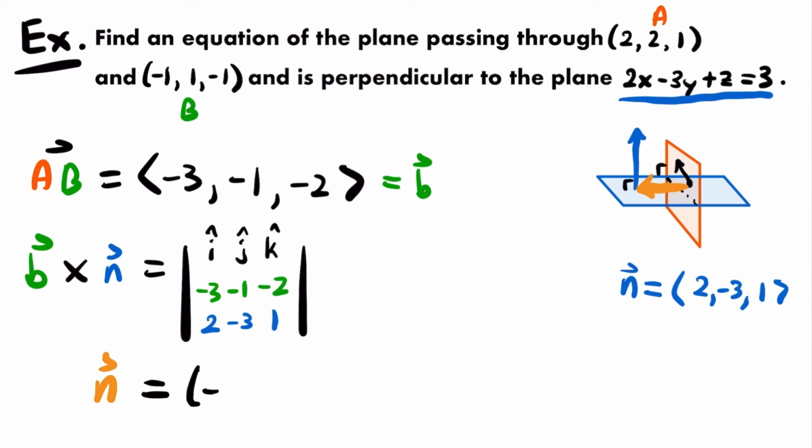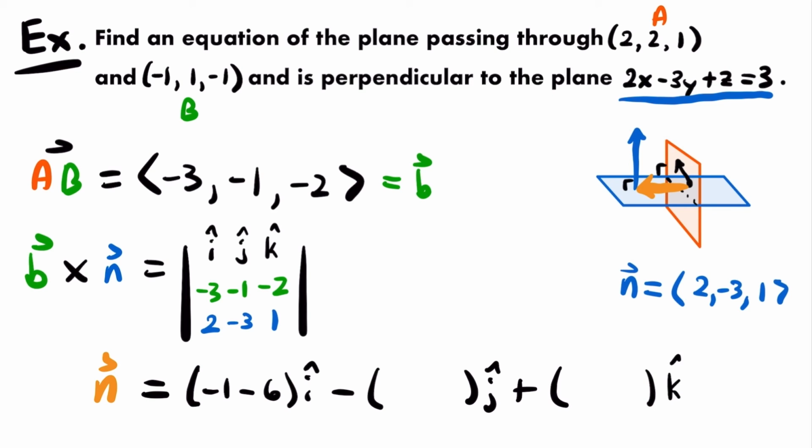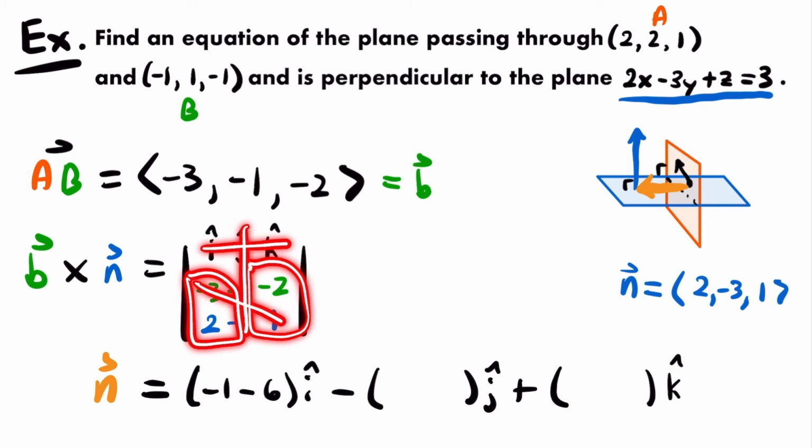So we have -1 minus 6 times i, then we subtract a value multiplied by vector j, and then we add a value multiplied by vector k. And so let's find those two values, or those two 2 by 2 determinants. Let's look at vector j. We'll cross out the row and the column that it's in and use these four values for a 2 by 2 determinant. -3 times 1 is -3, minus -2 times 2, which is -4.